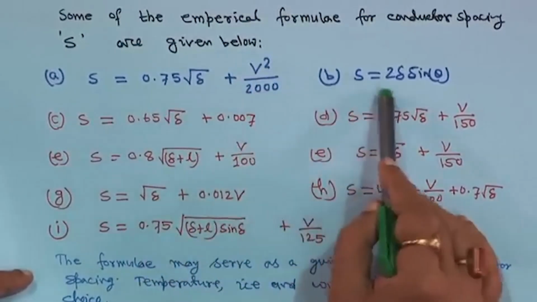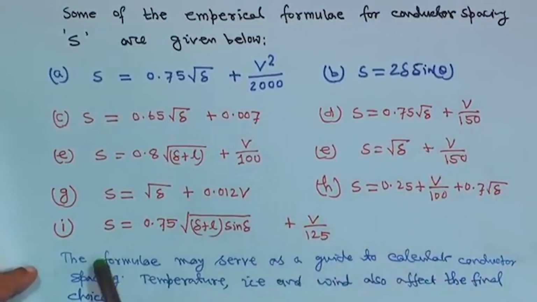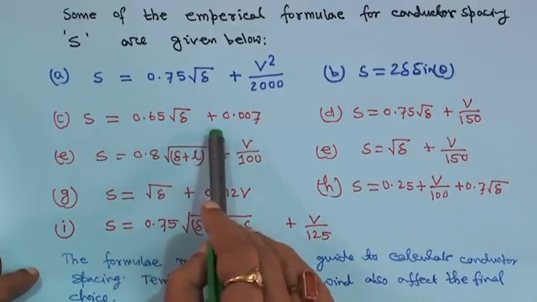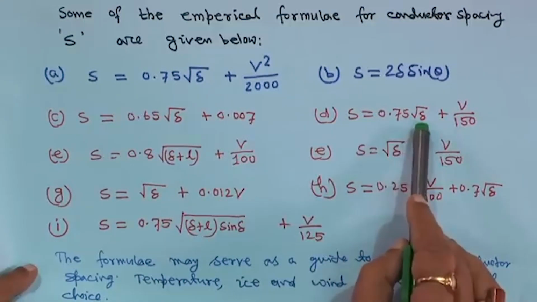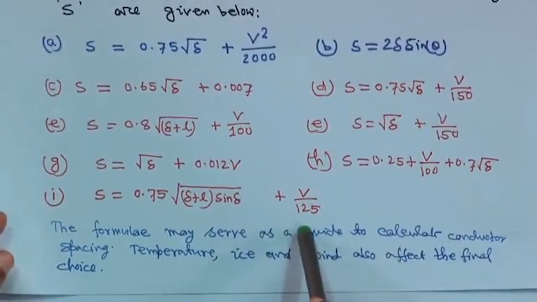Another is S equal to 2 delta sin theta, another is S equal to 0.65 root delta plus 0.007, another is S equal to 0.75 root delta plus V upon 150.